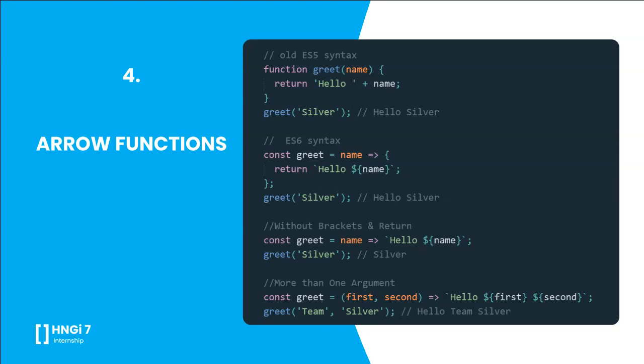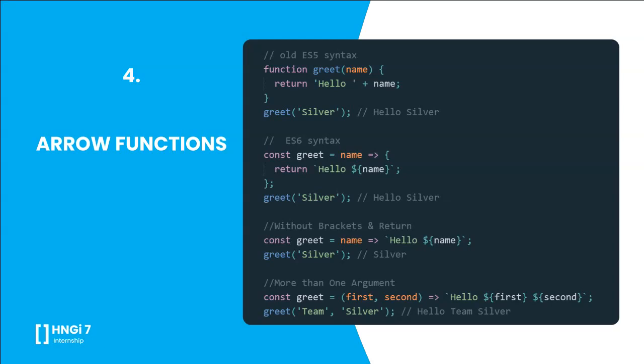So let's take a look at what happened. We simply named our function greet and passed an argument name to the function. Then we used our arrow function and we just put what we wanted to return on the right hand side of the arrow. It's that simple.